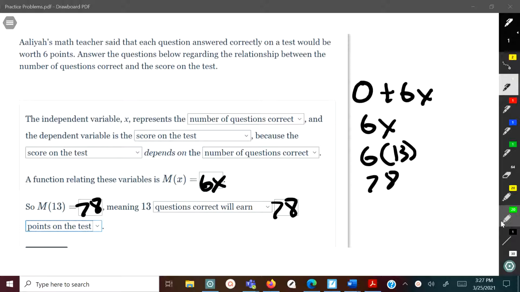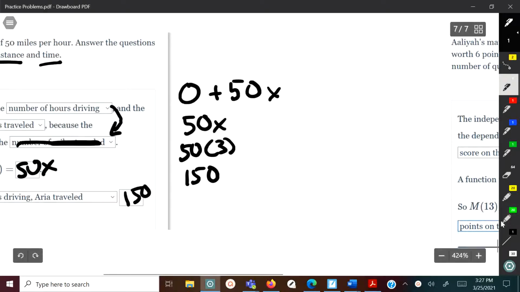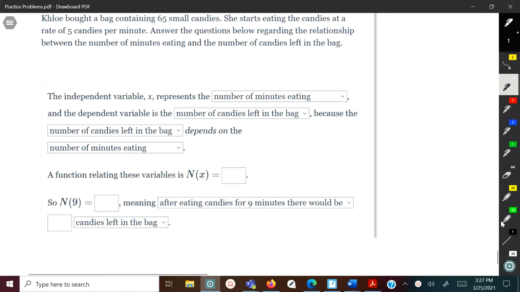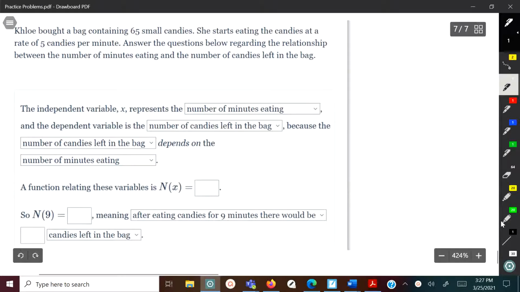All right, let's take a look at one more type here. Chloe bought a bag containing 65 small candies. She starts eating the candies at a rate of 5 candies per minute. Answer the question below regarding the relationship between the number of minutes eating and the number of candies left in the bag.